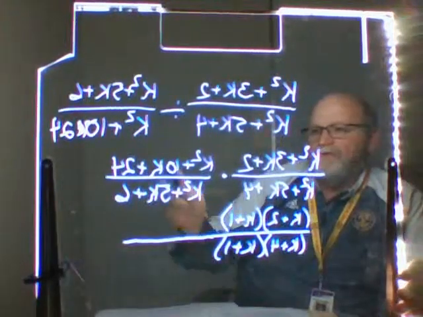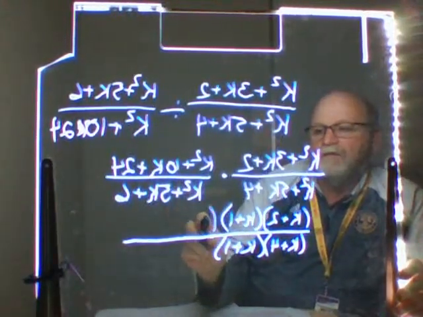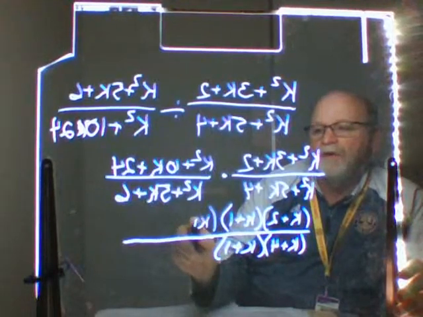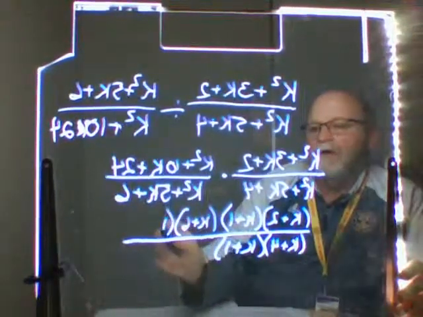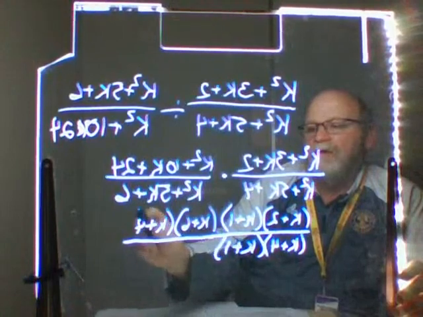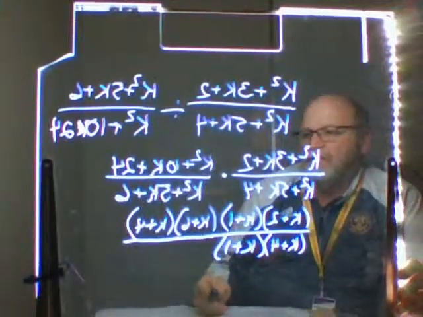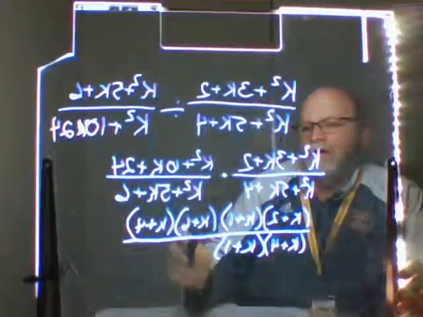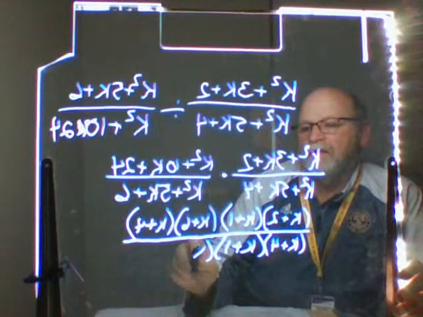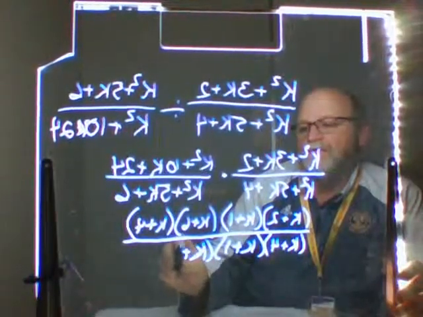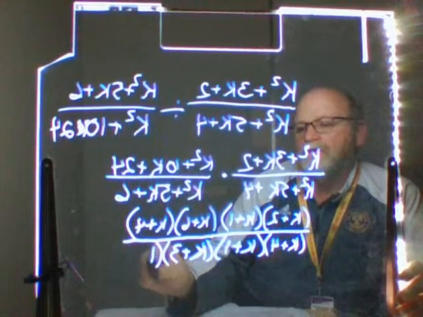Factors of 24 that add up to 10, all right? So that's 6 and 4, right? So k plus 6, k plus 4, and factors of 6 that add up to 5. All right, so that's k plus 3, k plus 2.